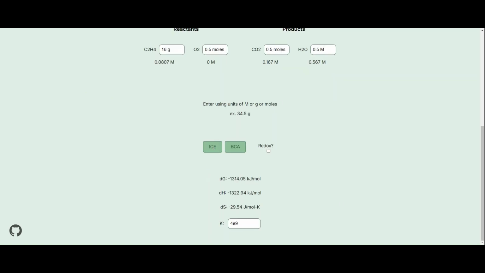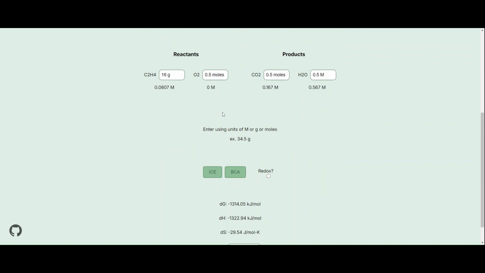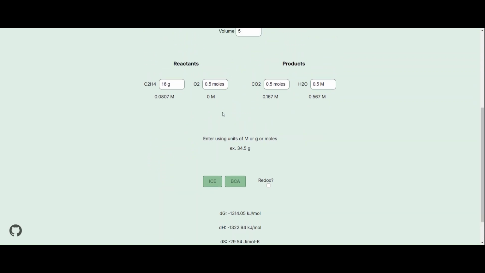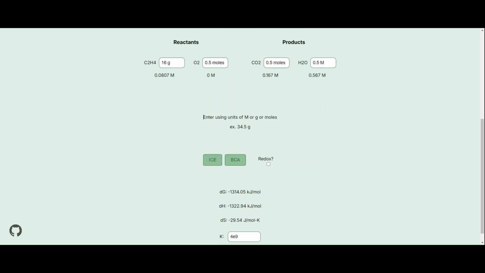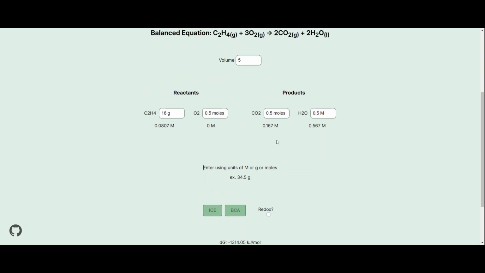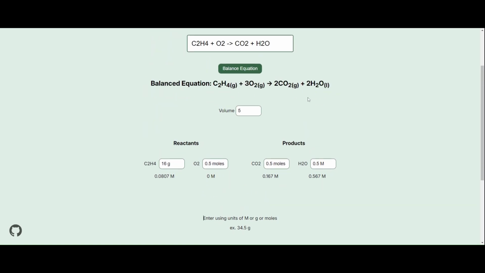As you can see here, the number of moles of O2 or the concentration of O2 is now 0, meaning that the calculator assumes that the reaction goes to completion and uses up all the O2 moles in order for the reaction to reach equilibrium.